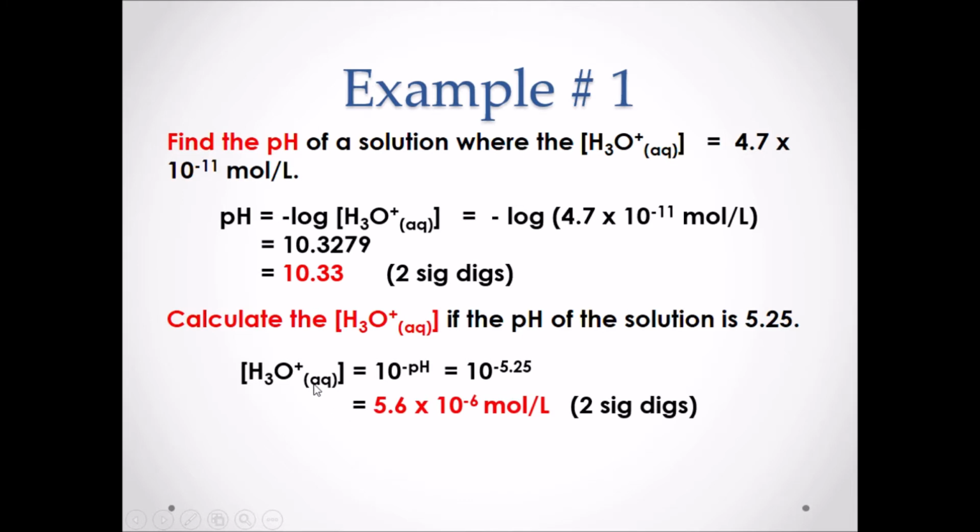The concentration of H3O+ is then equal to 5.6 times 10 to the negative 6th moles per liter. Two significant digits in our answer because our question is starting with two significant digits, the 2 and the 5 that are to the right of the decimal.